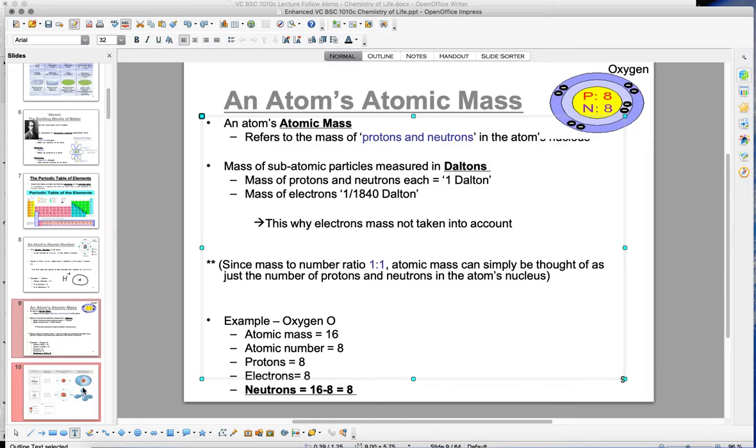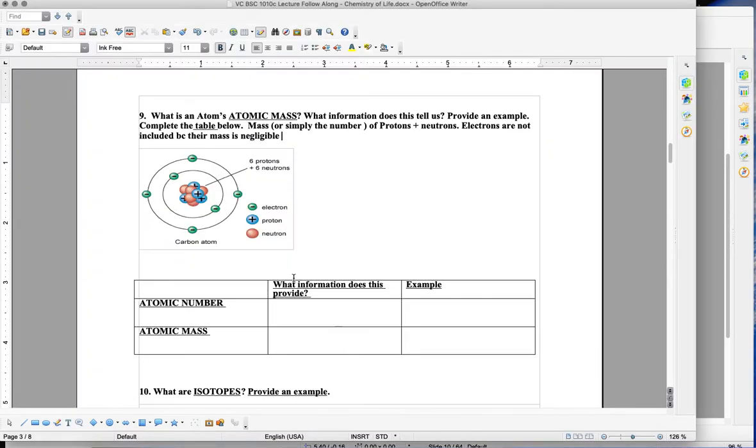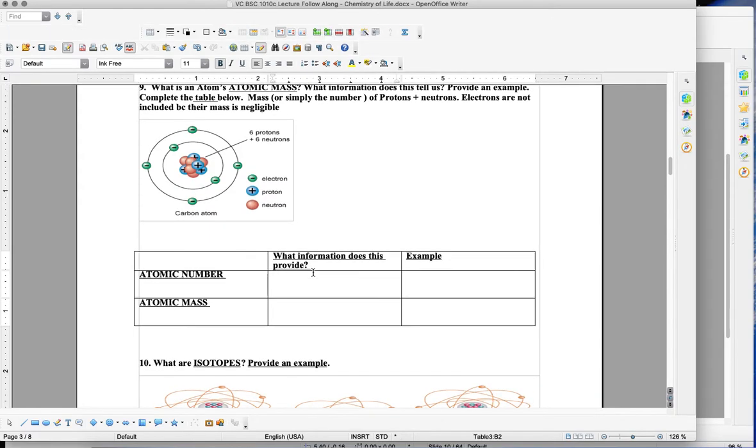Okay, all right, so now let's do a couple practice problems, and then we'll fill out our table here. So we said already that the atomic number is the number of protons, and also the number of electrons in a neutral atom.